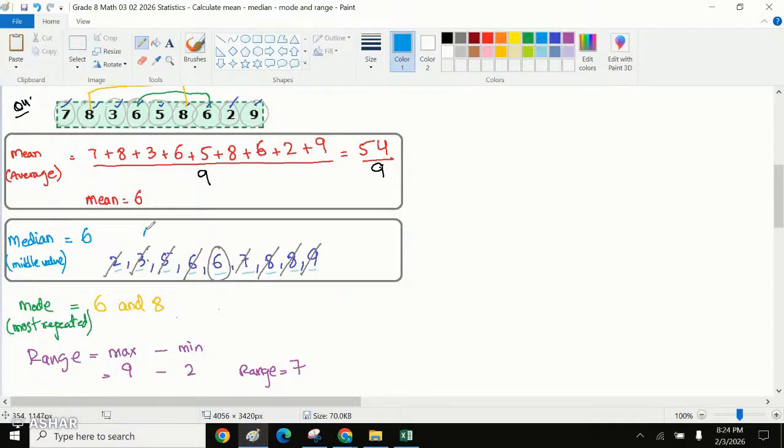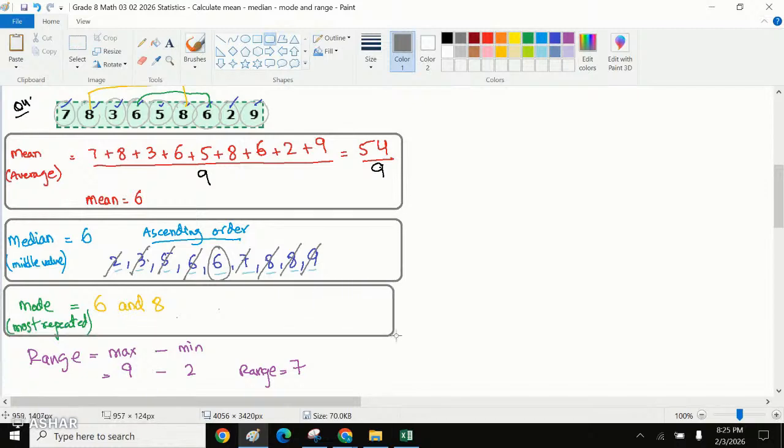We arrange the numbers in ascending order and we start canceling. Whatever was left in the middle would be the median. For the mode, what we can say is mode is the most repeated number, right? So the mode came out to be 6 and 8 because both the numbers were repeated twice.